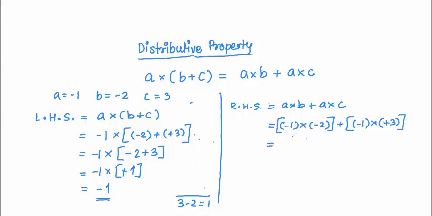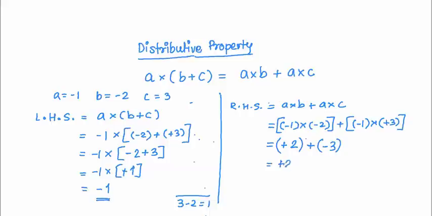So now here -1 into -2. Let's first multiply the weights. 1 into 2 gives 2. 2 negative numbers here, so even number of negative numbers gives answer as plus. So it's +2 for this side, plus here -1 into 3, multiply 1 and 3 gives us 3. Only one negative integer, that is odd number of negative integers, gives the sign as negative, -3.